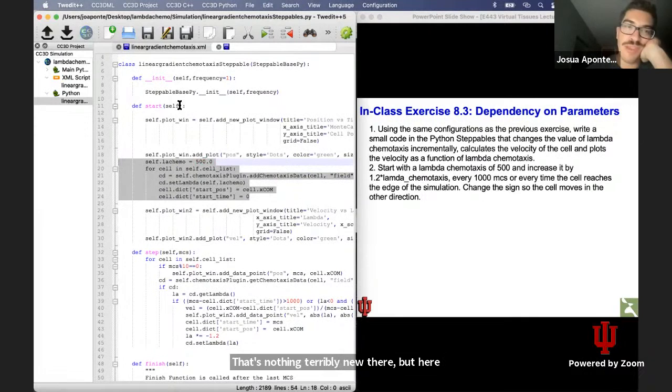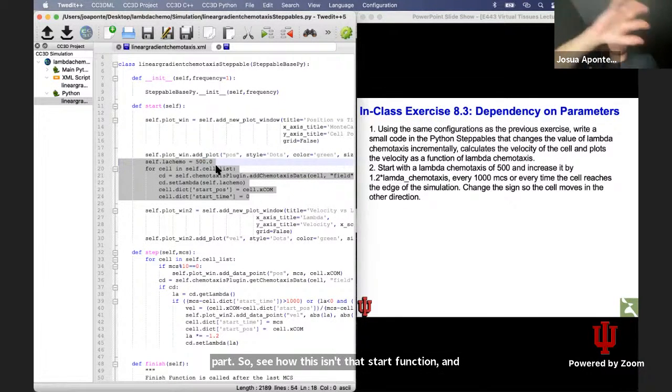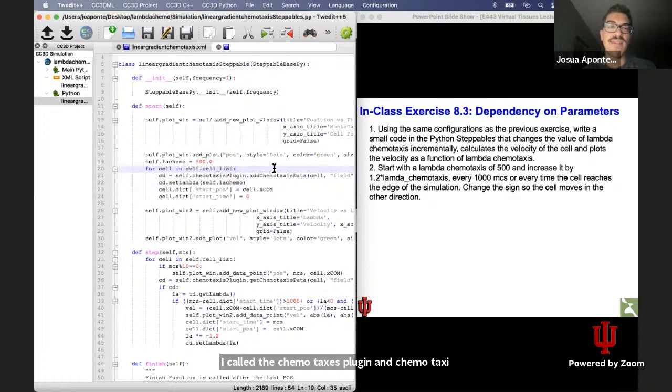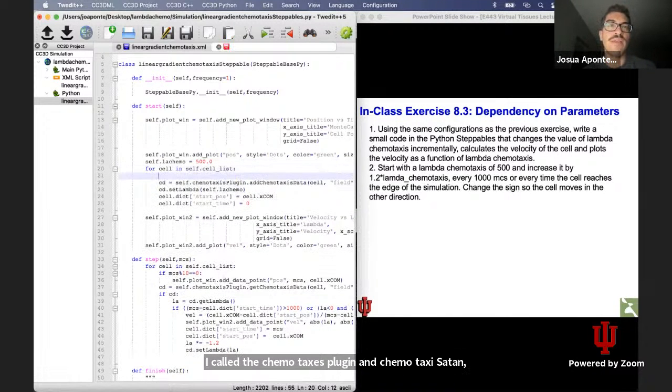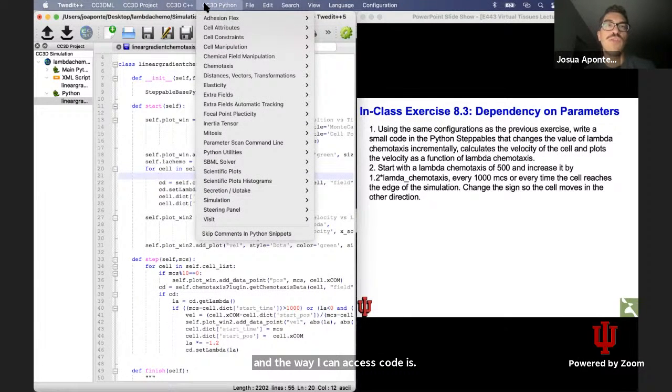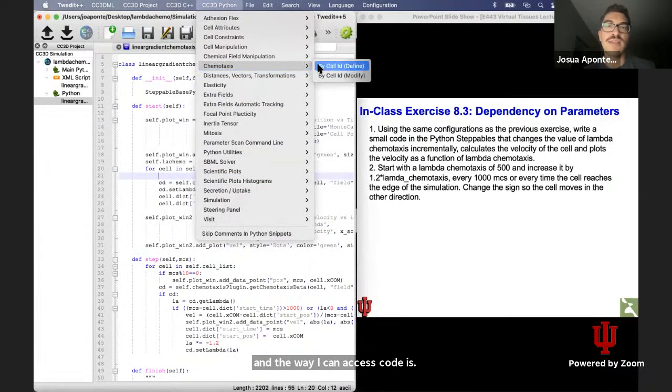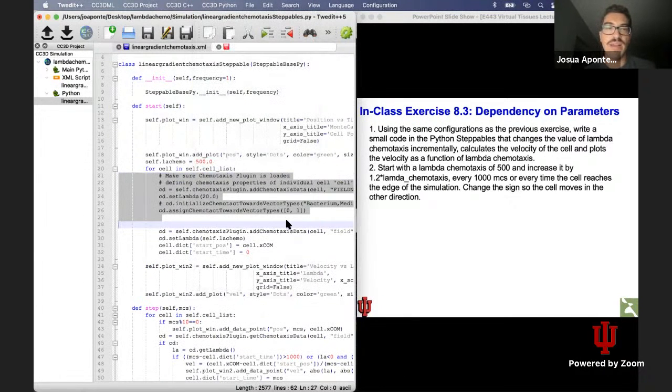So see how this is in the start function. And once I have initialized my cell, I call the Chemotaxis plugin add chemotaxis data. And the way I can access that code is by coming to CC3D Python, chemotaxis, by cell ID define.